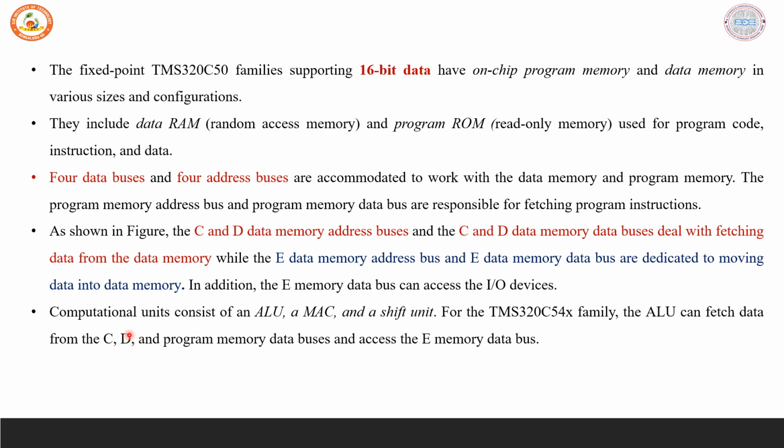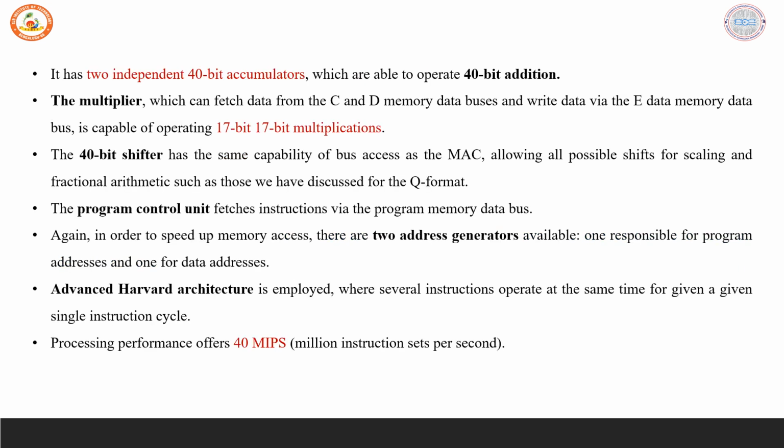There are the other computational units like ALU, MAC, shift unit, etc. Now, in the TMS320C54X family, the ALU can fetch data from the C, D program memory data bus and access the E memory data bus. It has two independent 40-bit accumulators which are able to operate on 40-bit addition.